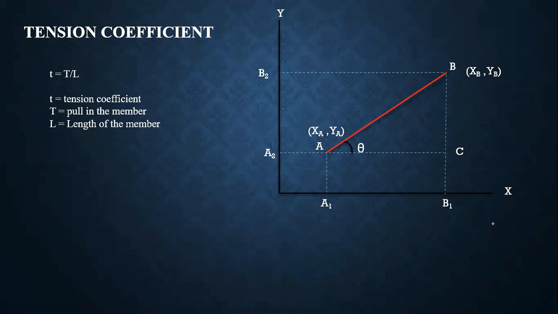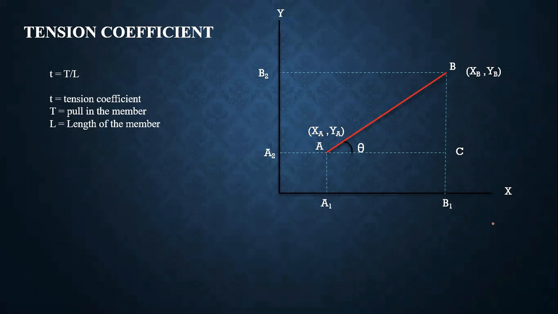Suppose member AB is a pin-jointed perfect frame in an equilibrium condition, and this system is under an external force or a reaction acting at a joint.